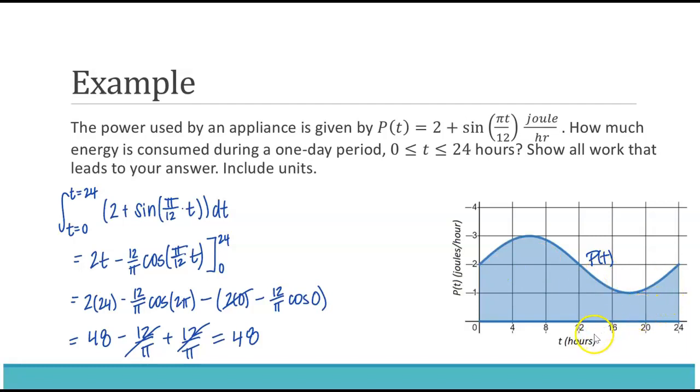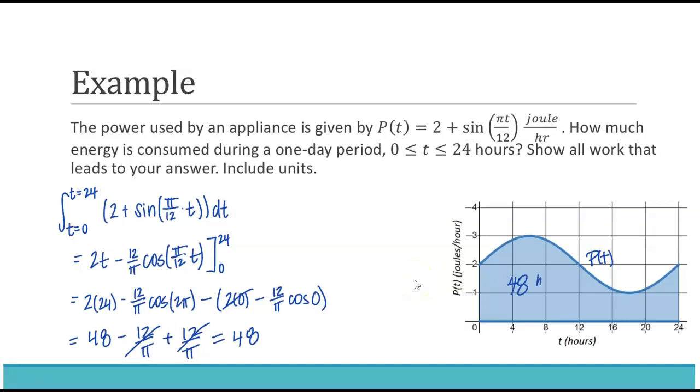But let's try to think about what the units of that area would be, because we know the numerical value is 48. When we're calculating area, we started by using rectangles originally to approximate area. And so with rectangles, we think base times height. Well, the units of the base is in hours, and the units of the height is in joules per hour.